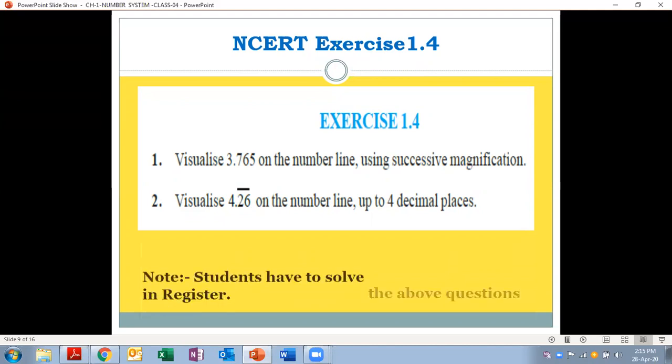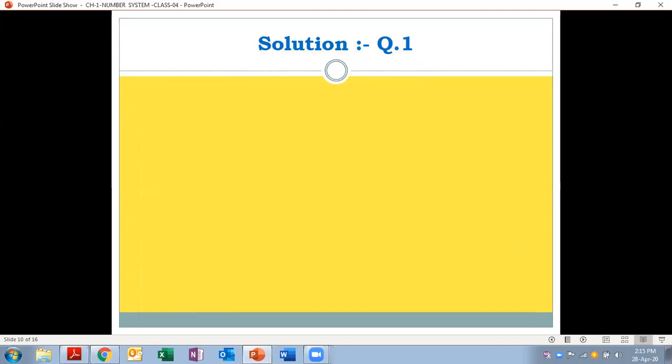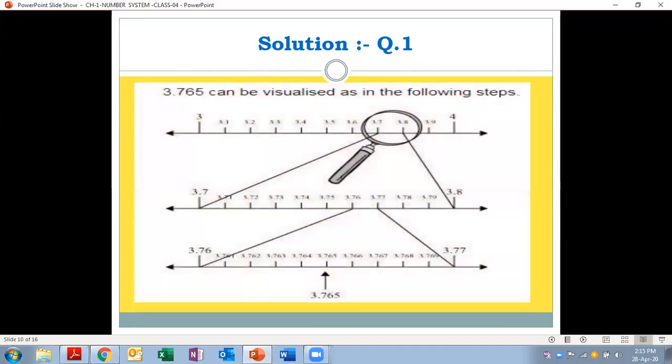So first, you need to understand the solution of question number 1, 3.765. 3.7 lies between the integral values 3 and 4. So on the extreme left we have taken 3, and on the extreme right we have taken 4, and in between we have 3.765. So we have taken 3.7 and 3.8 and further magnified it, because the number lies in between these two values, 3.7 and 3.8.